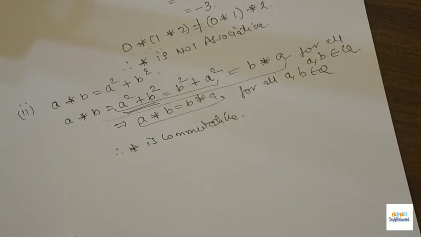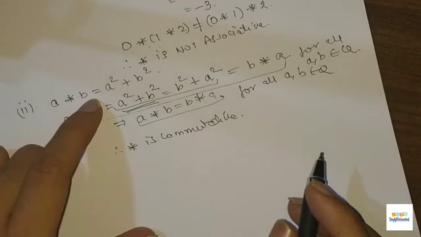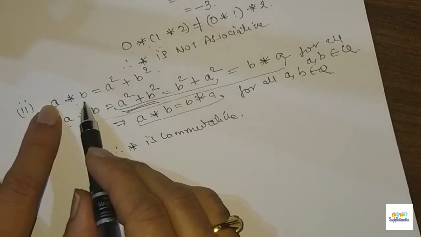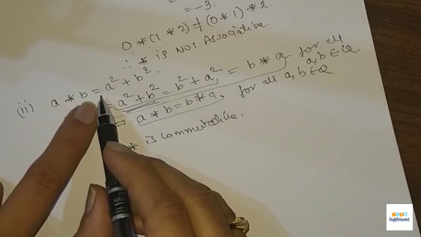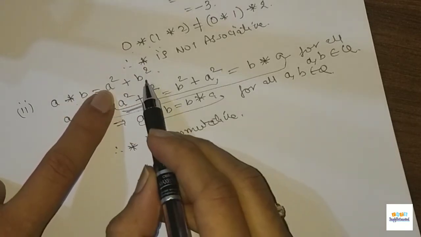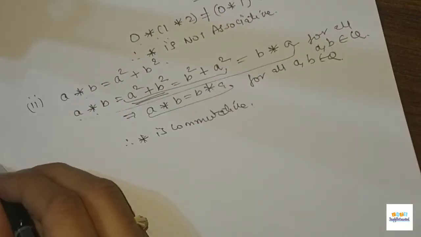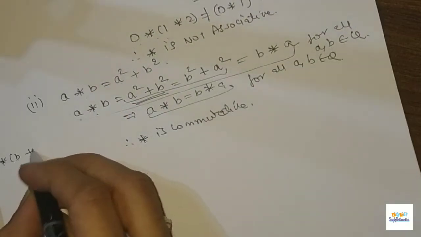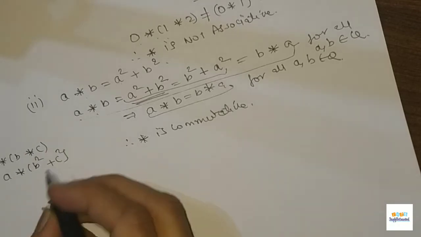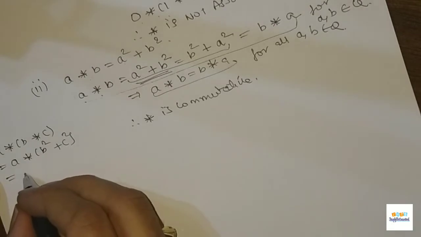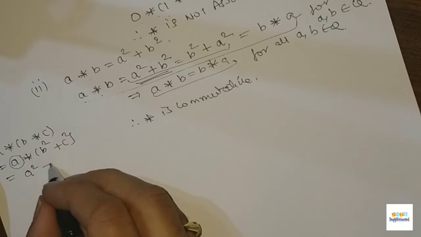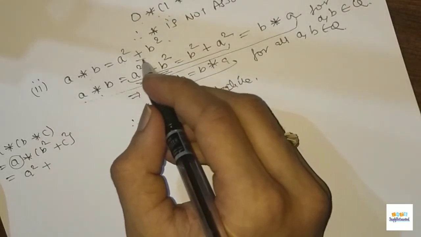Now here the star won't be associative, right? Why won't it be associative? Because if you look at a star (b star c), that will be a square plus (b star c) squared, which is a square plus (b square plus c square) the whole squared, because of the definition of the binary operation.